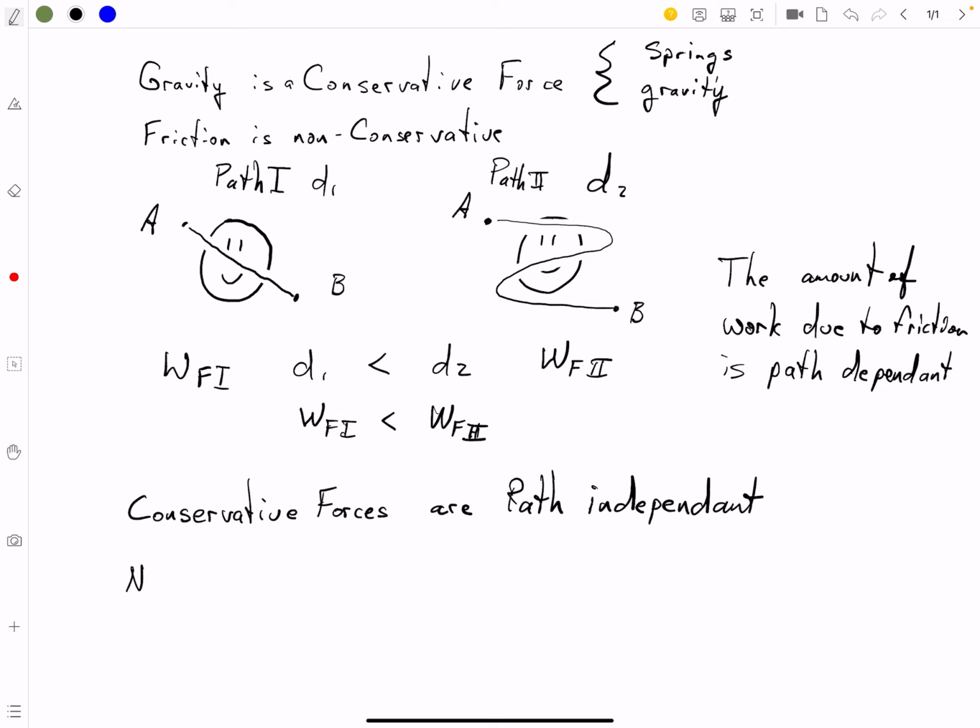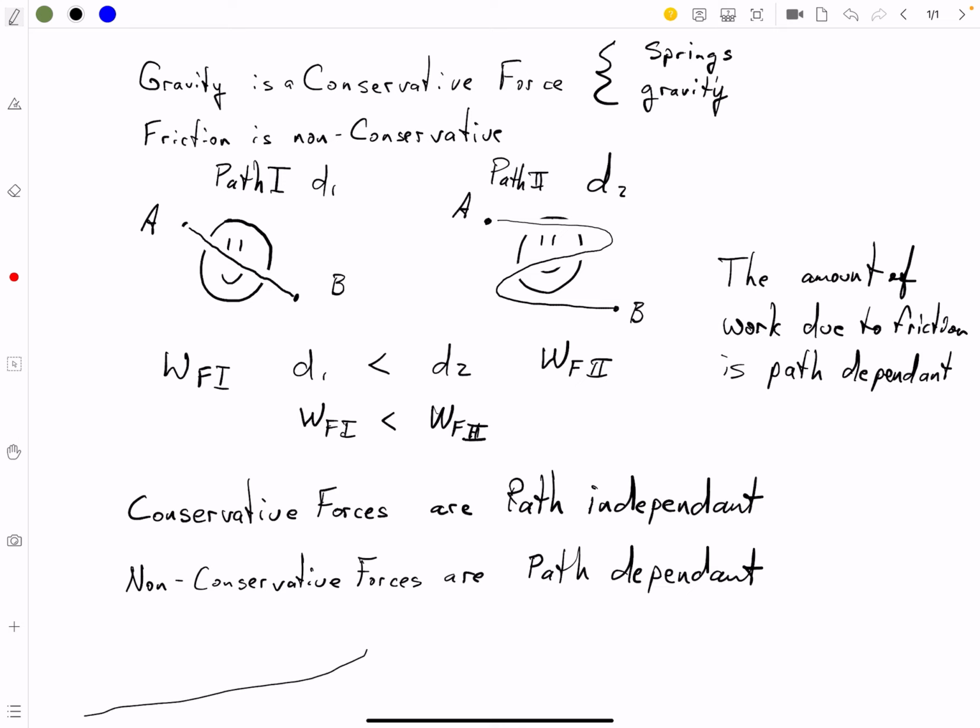Okay, non-conservative forces are path dependent, or they depend on the path. So, path dependent and path independent are two ways of talking about conservative and non-conservative forces. That is definitely testable stuff.